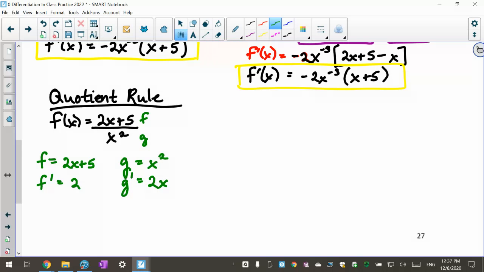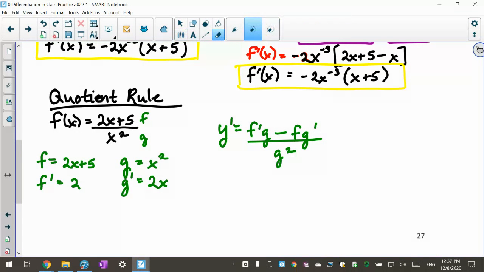So I'm going to come over here to the right and do this. Remember what the quotient rule is: y prime equals f prime g minus f g prime all over g squared. All right, so that's our pattern. So we're just going to plug and chug. Let me pick a different color here.